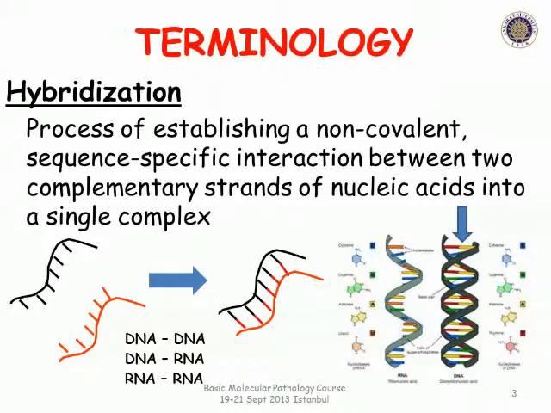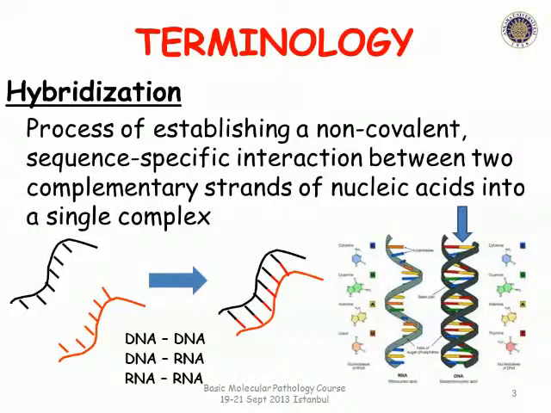I will skip all these things, but first of all, hybridization, you know that this is a process of establishing non-covalent hydrogen bonds between two complementary DNA or RNA nucleic acid chains.